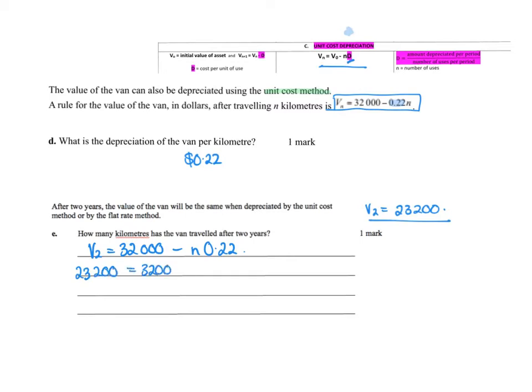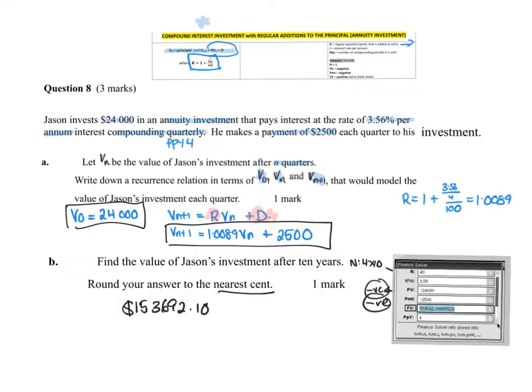I can put the n there, and I can use solve again, comma n, and I can find out that it would have travelled n equals 40,000. So how many kilometres? We better write the statement out: 40,000 kilometres.